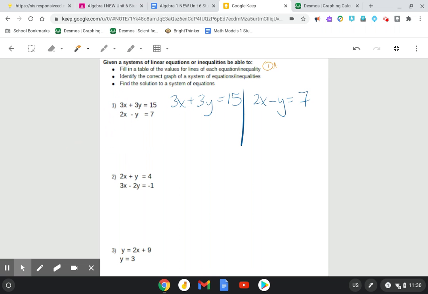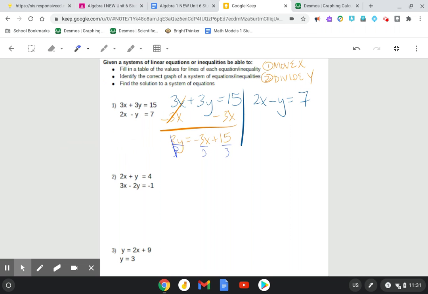We need to move the x and then divide the y. So moving x means I'm going to subtract 3x from both sides here, leaving me with 3y equals negative 3x plus 15. Then I'm going to divide both sides by 3, which means I divide each item by 3.